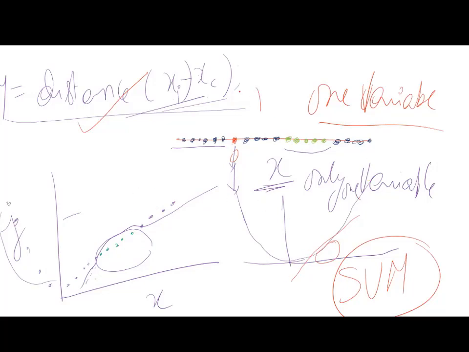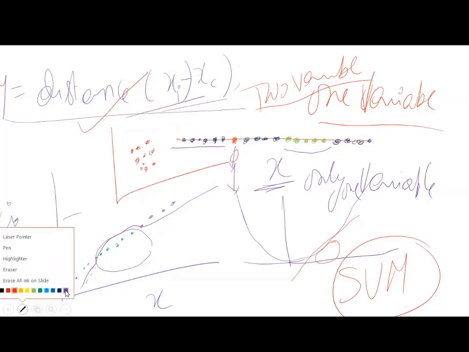If you take two variables and want to separate them, by looking at this you may come to the conclusion that they are not separable.